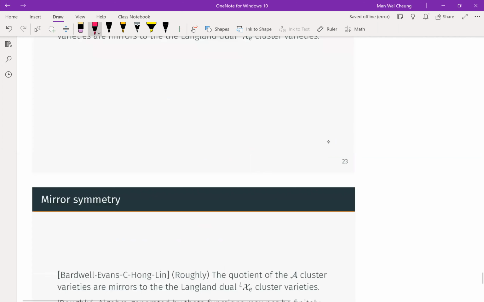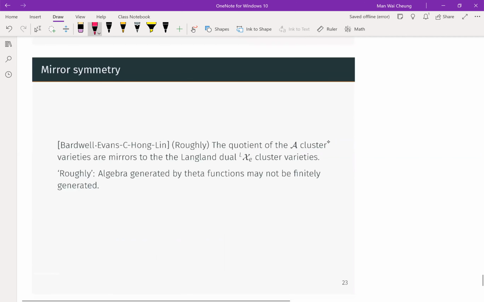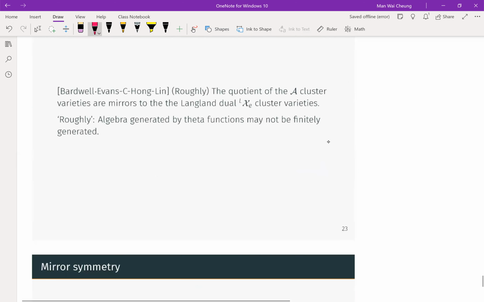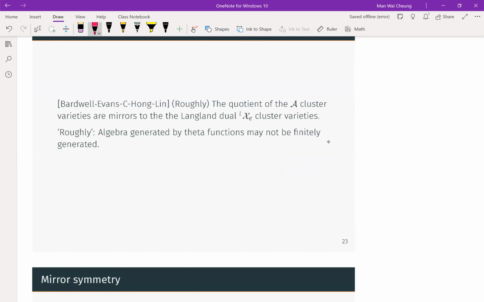As I emphasized, more precisely what we obtain is this Langlands dual X scattering diagram, and if the cases are good, so that the algebra generated by the theta functions is finitely generated, then we can take the algebra out of it, and the Spec of that algebra will be the Langlands dual X fiber at the identity.